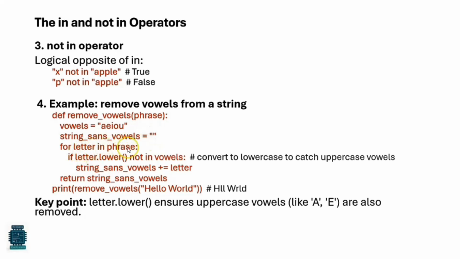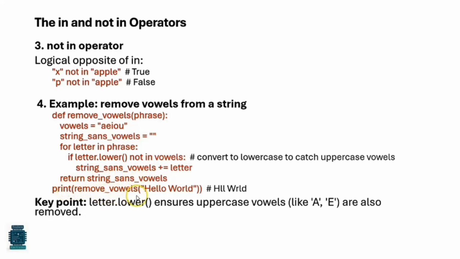For letter in phrase, it loops through each character in the input. If letter.lower() not in vowels, it converts to lowercase to catch the uppercase vowels, and then adds the letter to the result string. Return string_sans_vowels, which is the final string without vowels.